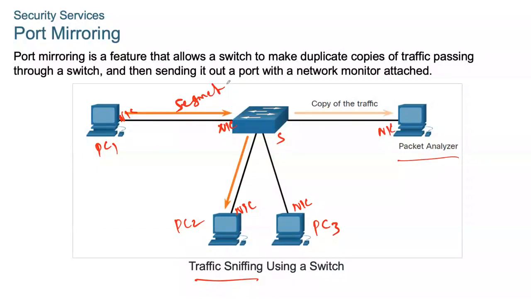So port mirroring is the feature that allows a switch to make a duplicate of the packet and give it to be separately analyzed by this packet analyzer. The original traffic is forwarded in the usual manner, as we said. So what is going to be analyzed by this packet analyzer?